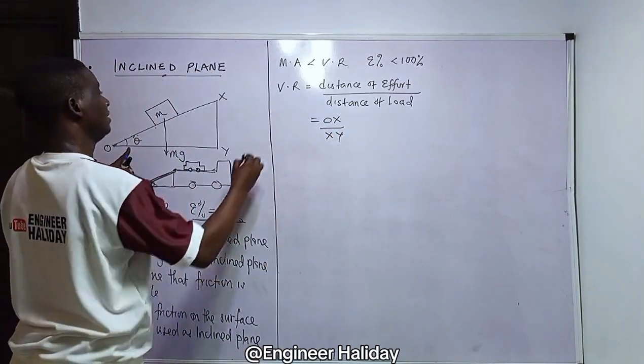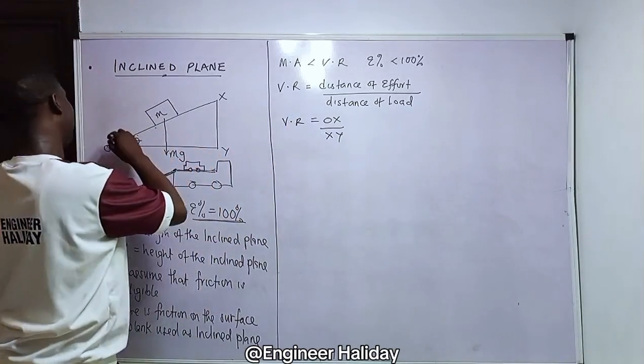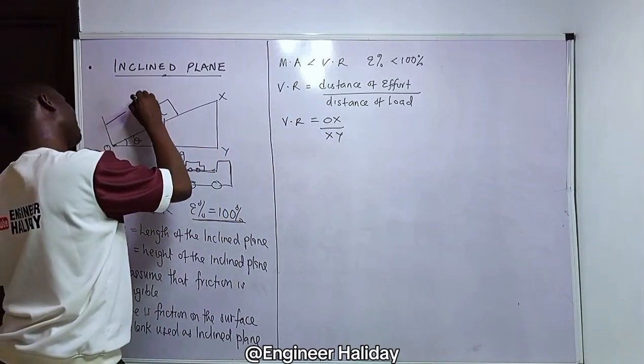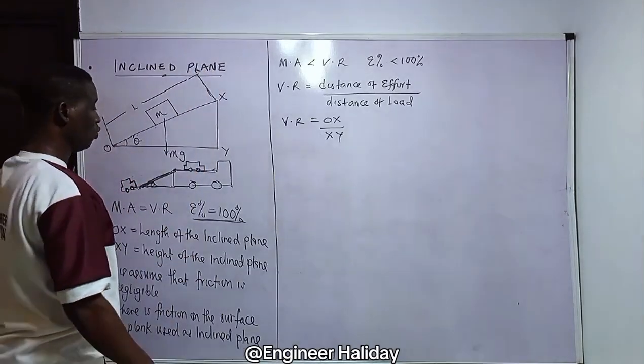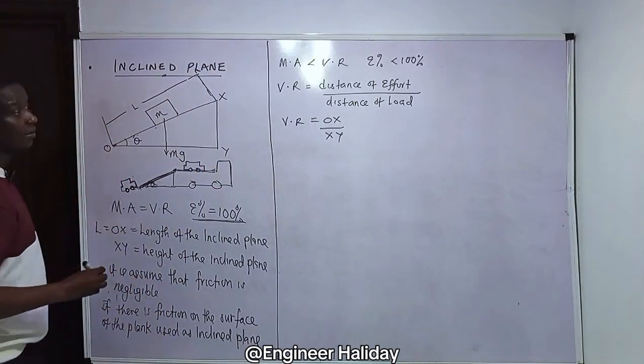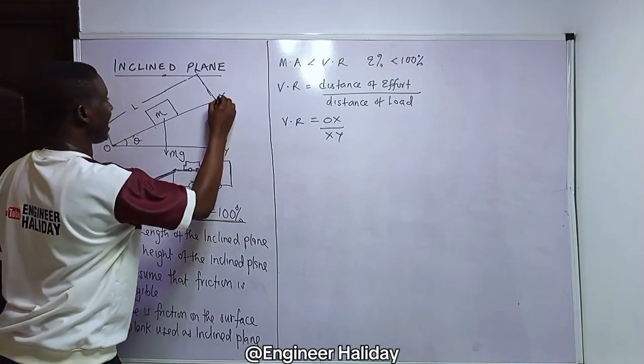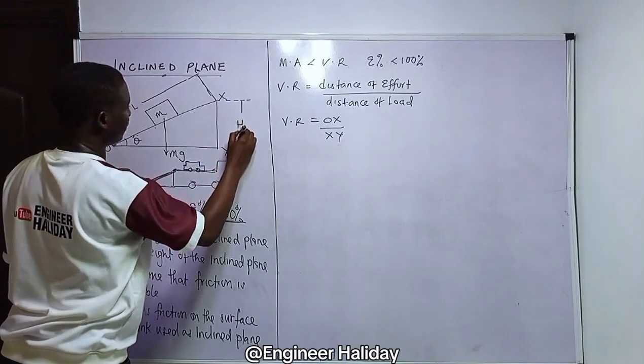This is the length of the plank, OX. OX is the length. Then this one is the height, from here, the height of the inclined plane.